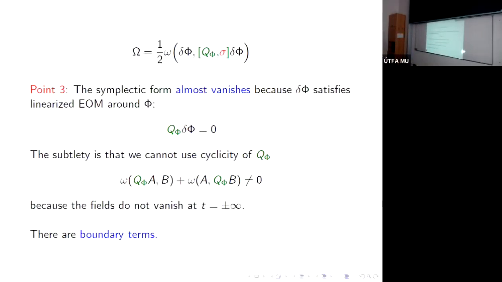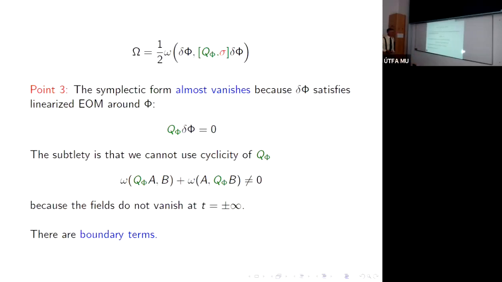The third point is that this formula almost vanishes because the differential delta phi satisfies the linearized equations of motion around the solution. That is, remember that delta phi, the differential, is killed by Q phi. The reason why this doesn't vanish is because Q phi would normally satisfy some version of integration by parts, a condition called cyclicity.